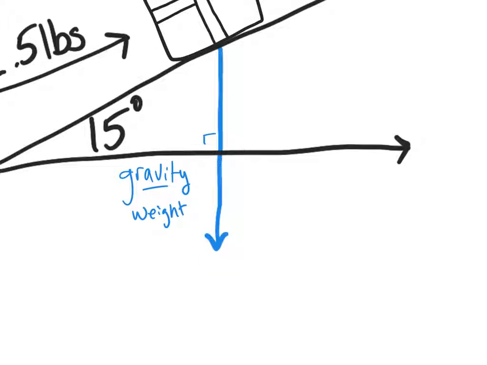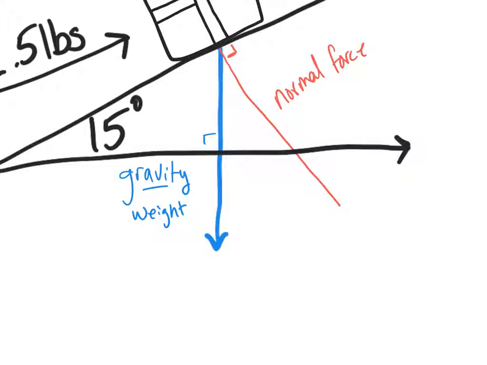The next one we're going to draw is perpendicular to the ramp. You can see that jumping down right here. This is called our normal force. That's kind of a combination of several different things. Basically, it keeps the package down on the ramp and from floating up off the ramp.